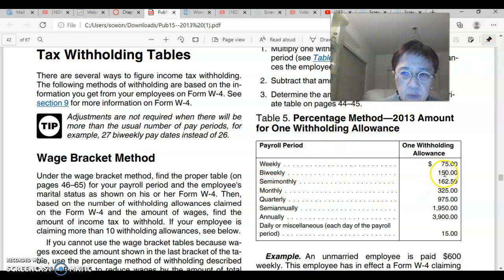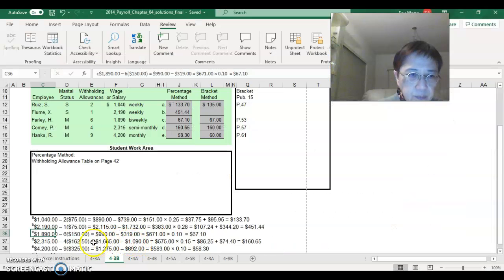Biweekly is $150 per person and 6 withholding. So you take 6 times the $150, and minus from the $1,890, so equal to $990.